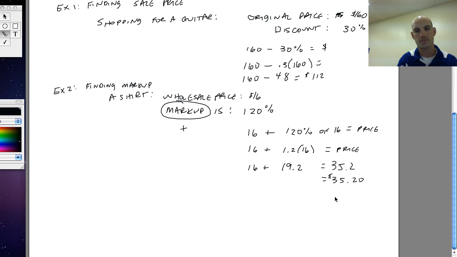Last thing, sales tax. Maybe you guys are familiar with this, but sales tax is a fee that's added on to the end. So it's like markup in a way, because it's something that's added to the price.